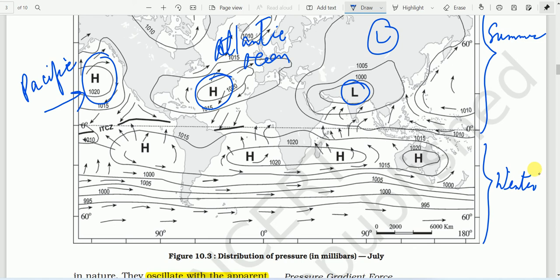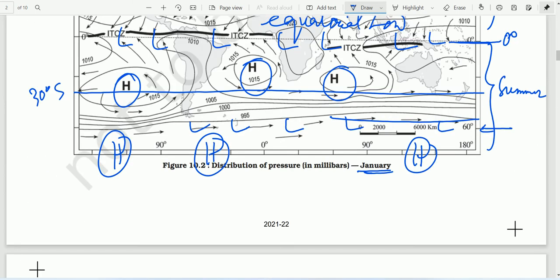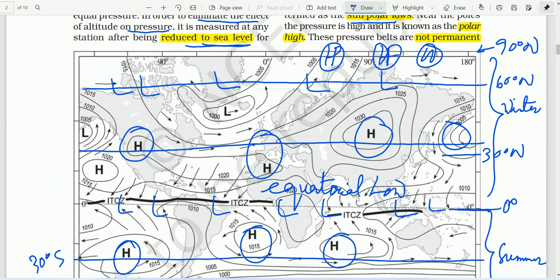And likewise, in the winter, the reverse may be there. See here over Australia, that is over the land surface, we find high pressure. But in other cases, as compared to the land, you will find low pressure here also. In the Indian Ocean also you will find low pressure. Just see here, this is the case of the winter season, and over the land we have high pressure, and over the oceans we have low pressure.